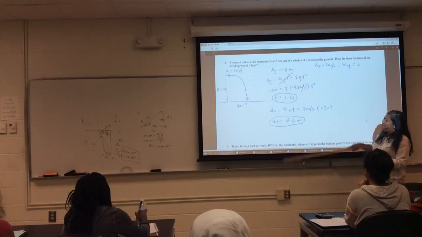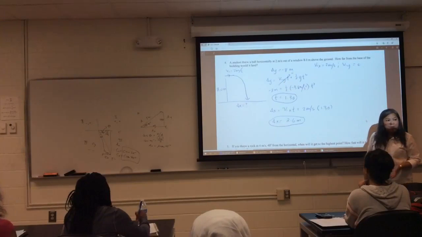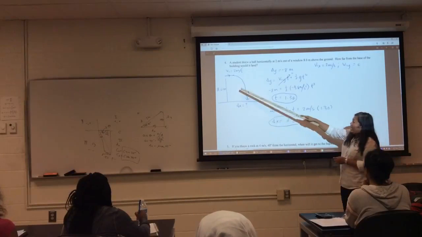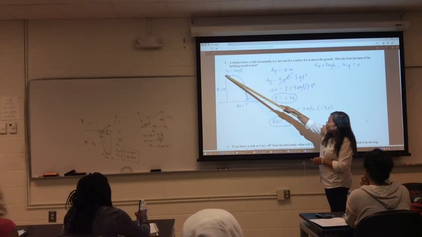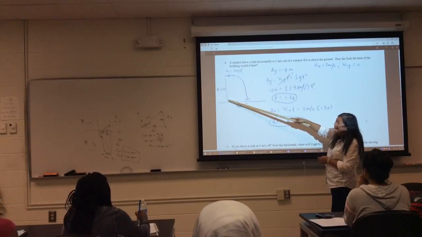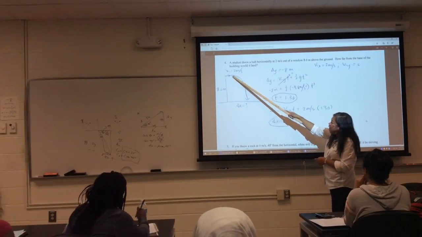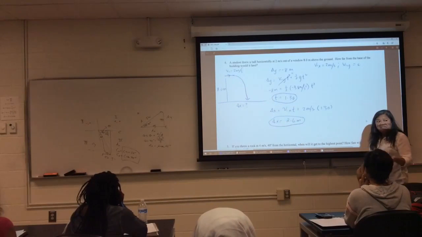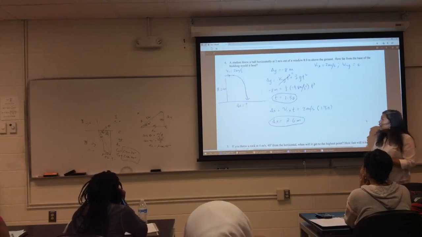And it is negative because it is below the reference point. So what I need to find out right now is, if I drop an object here, it will get to the ground 8 meters below at the same time that I throw this object sideways at 2 meters per second. So why don't I just take advantage of that information, right?